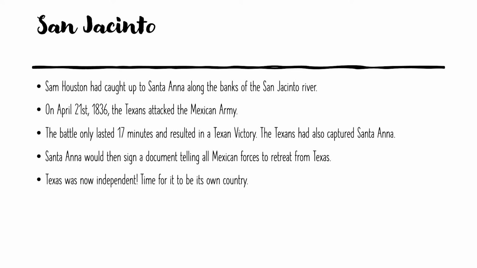The Texans also captured Santa Anna. And so then Santa Anna will go ahead and he'll sign this document, telling all the Mexican forces, we got to get out of Texas. Texas is now independent. So like it says, Texas is now independent. Time for it to be its own country. So we'll get into that next unit and a little bit later in this unit, but more on next unit.